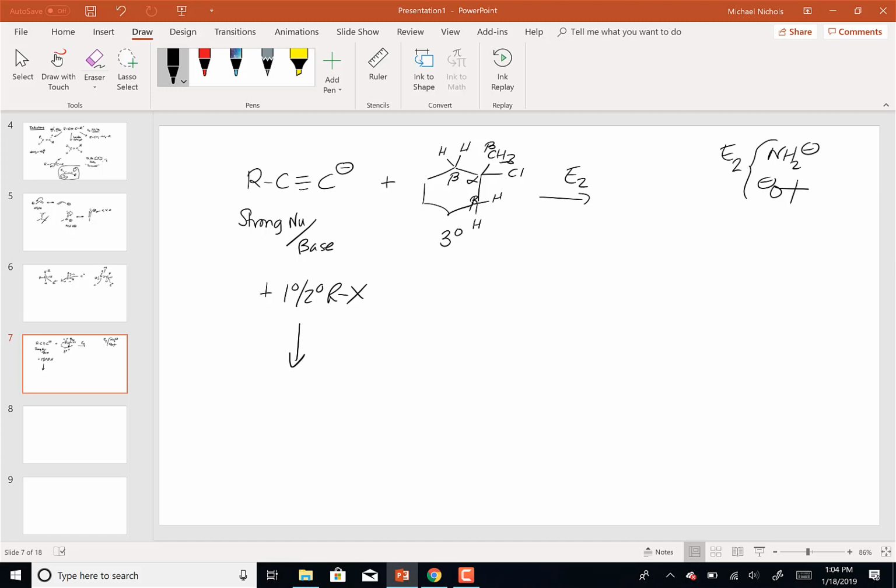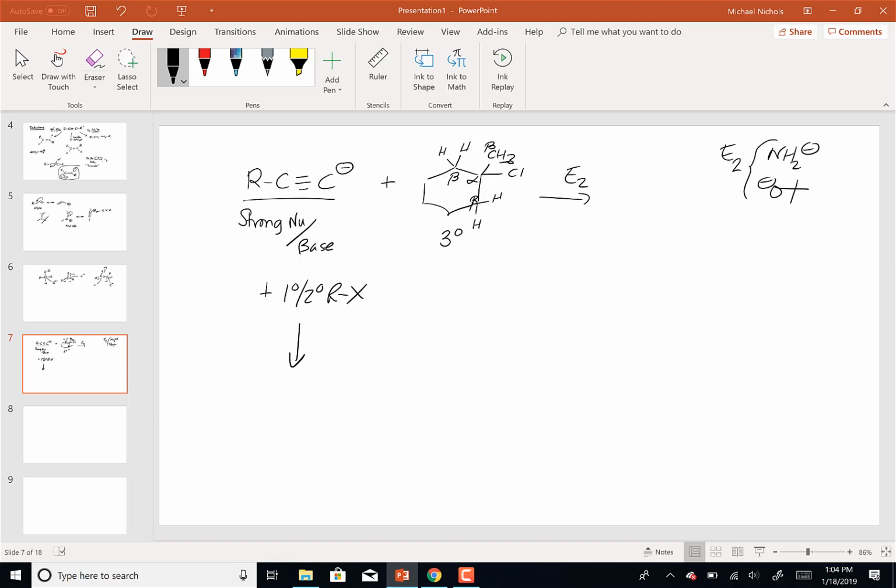So we look at this base and we say, well, is it sterically hindered or is it small? If it's sterically hindered, it goes after the hydrogen that is most accessible.